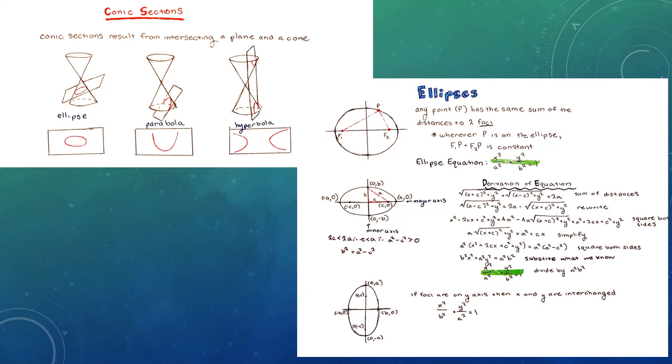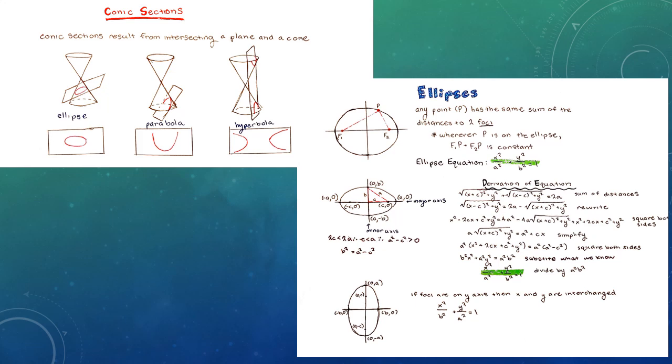To derive the equation of the ellipse, you take the sum of the distances that we discussed previously, F1 to P and F2 to P, which is equal to 2a. This is because if you make a right triangle with the foci and the minor axis, then a is the hypotenuse and a is equal on both sides, which is why it's equal to 2a.